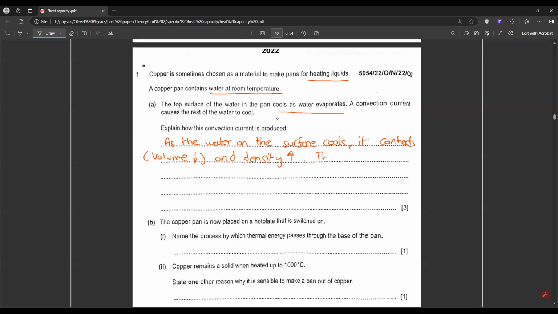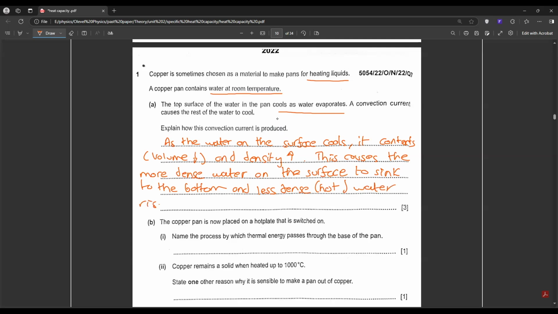This causes the more dense water on the surface to sink to the bottom, and less dense hot water rises to the top for cooling.